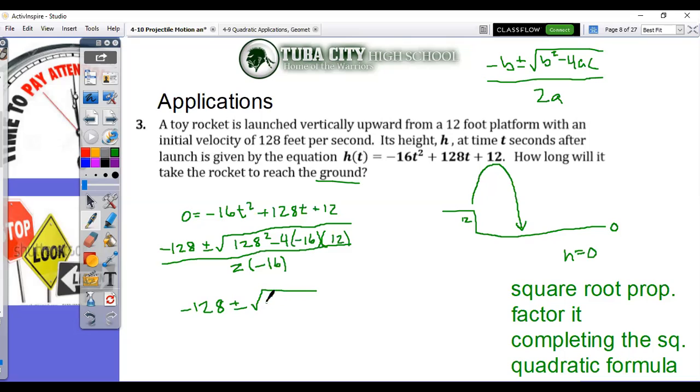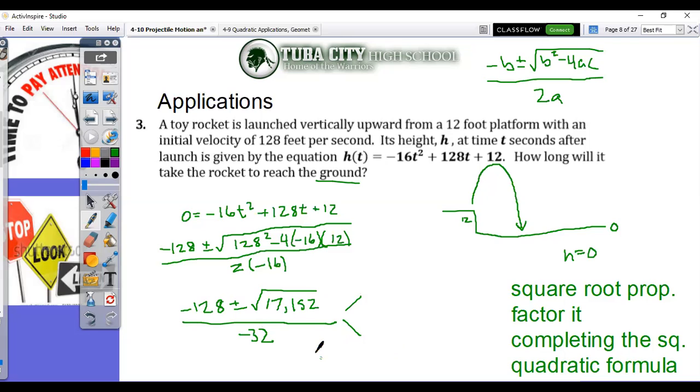And I'm going to put this all together and we get 17,152 all over negative 32. All right, and from here we would break it into two possible answers.